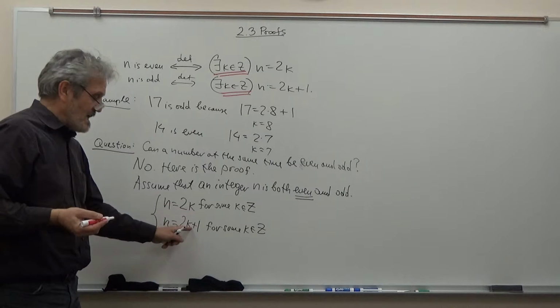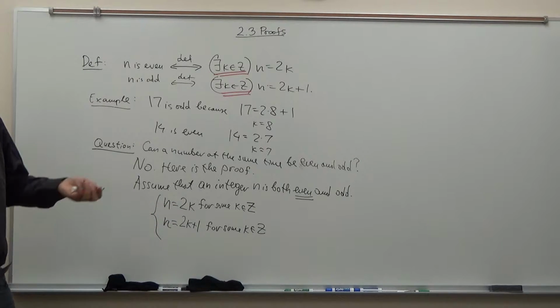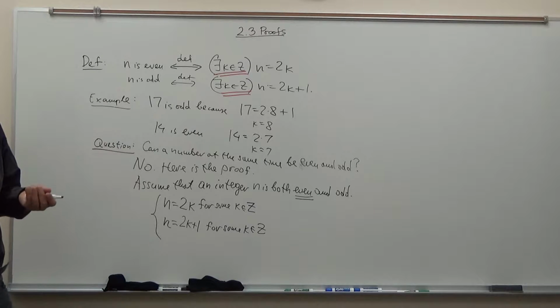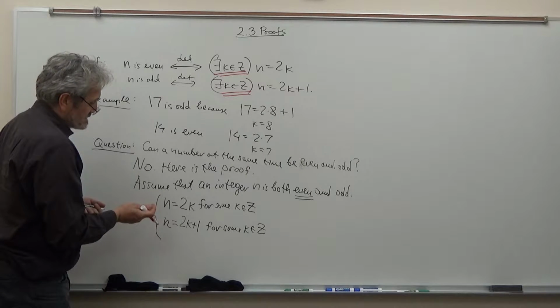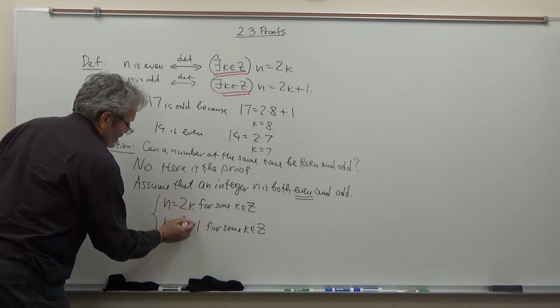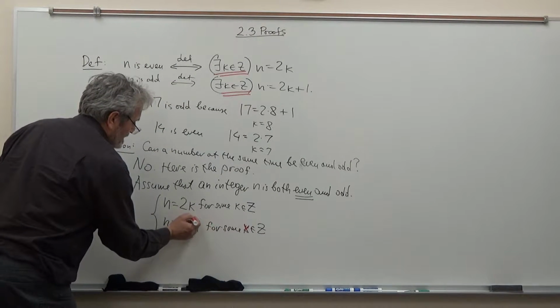Once you call it k, you're claiming that it is the same witness, and nobody said that, so you cannot assume something that's not there. So in order to avoid that invalid assumption, I will not call it k, I will give it a different name, I'll call it l.